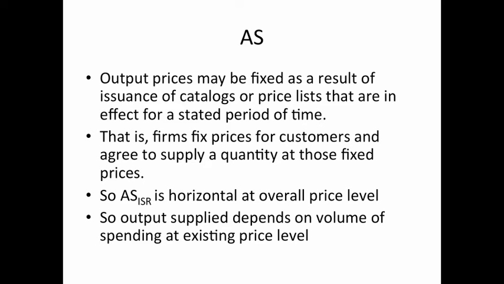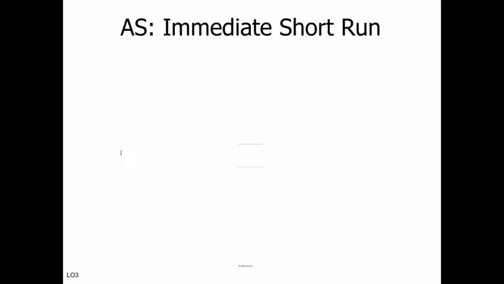Right? The vertical axis is the price level, and our horizontal axis is real GDP, the production level. So we're just changing how much we supply at a fixed price. The aggregate supply curve in the immediate short run will be horizontal at the current price level. So the output supply depends on spending at the current price level.